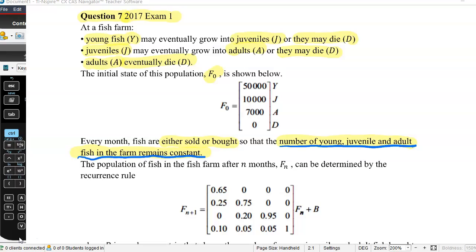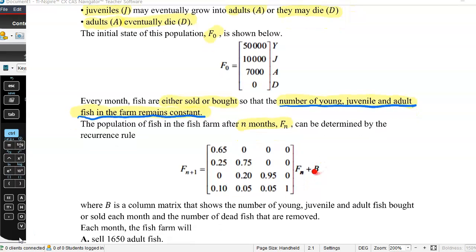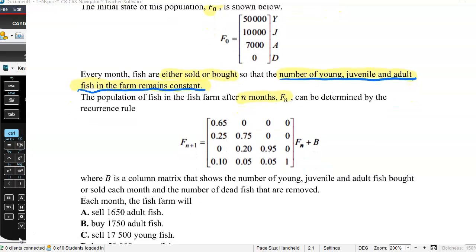The population of fish in the fish farm after n months, Fn, can be determined by the recurrence rule. So we've got our transition diagram: this month, next month, Y, J, A, D, Y, J, A, D. And you can see we've got this plus B here, where B is a column matrix that shows the number of young, juvenile, and adult fish bought or sold each month, and the number of dead fish that are removed.